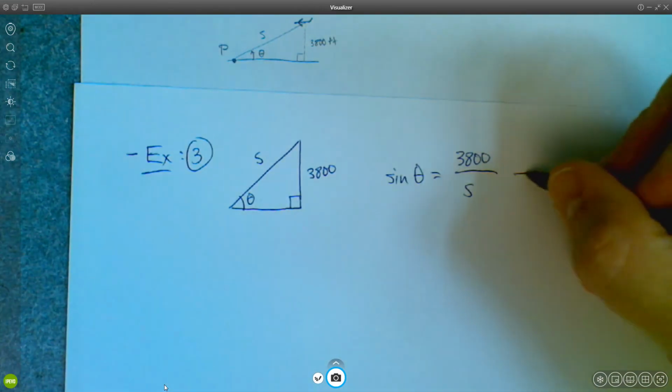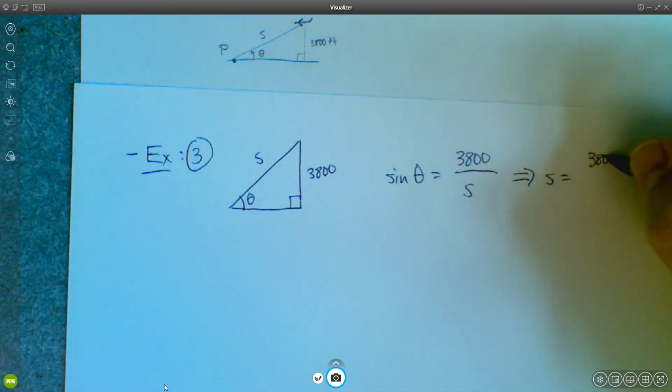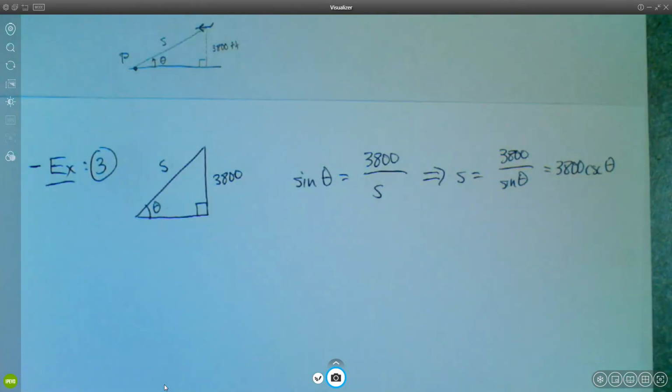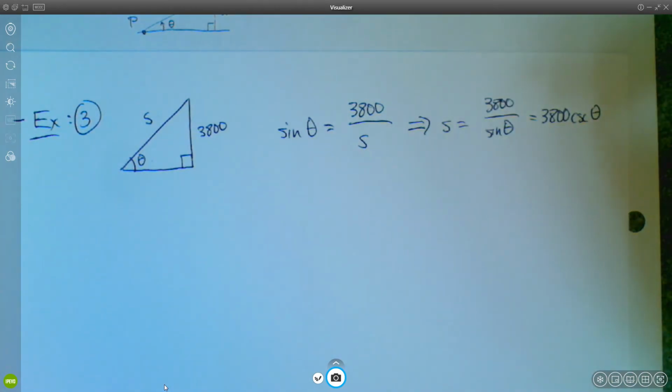So we get s equals 3800 over sine theta. Or if you like, you can call that 3800 times cosecant theta, because 1 over sine is cosecant, right? So I like that. I've got s equals 3800 cosecant theta.